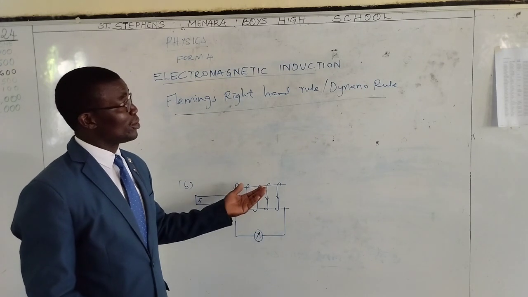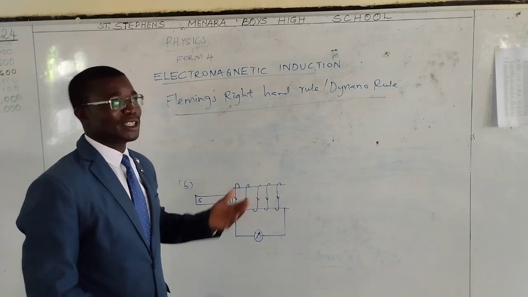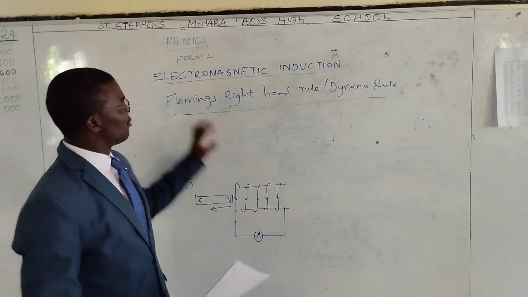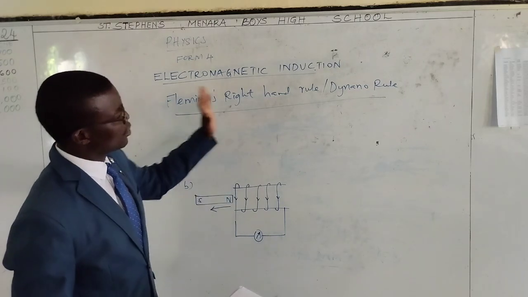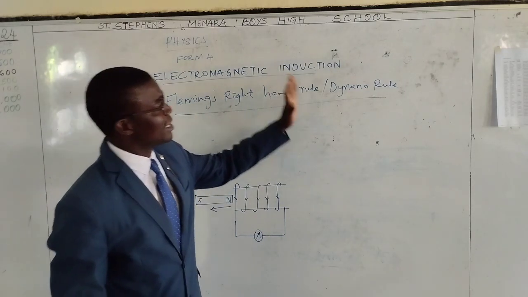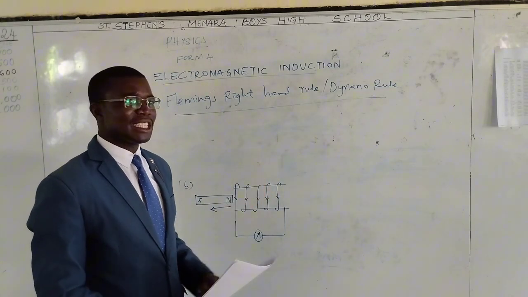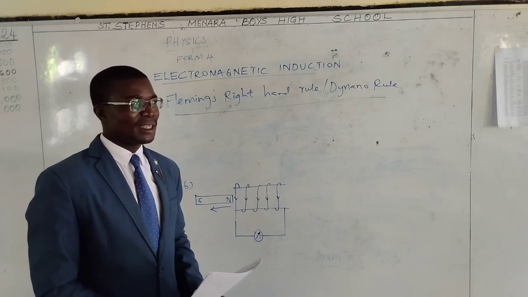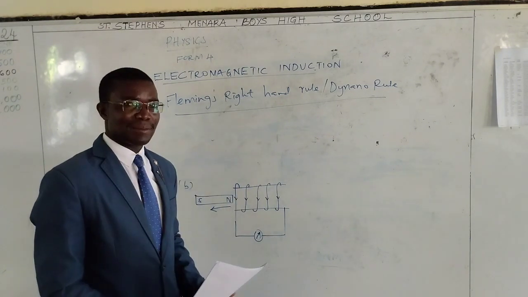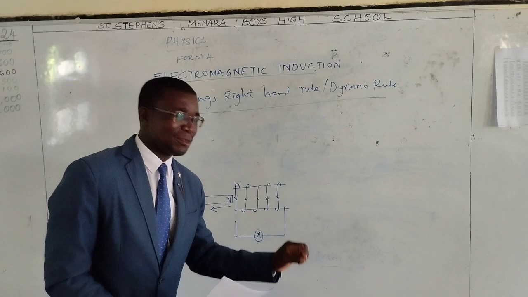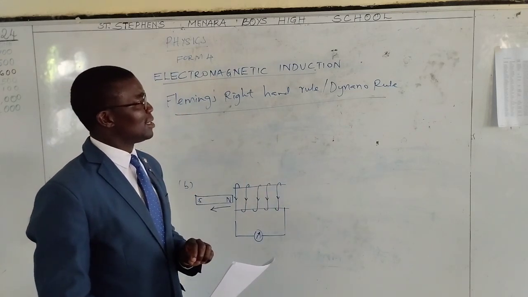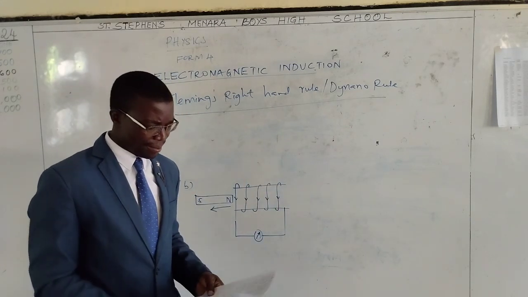That is the motor rule. Now, Fleming's right-hand rule, also called the dynamo rule, is such that whenever there is motion of a conductor in a magnetic field, there will be induced EMF in that conductor, causing induced current.